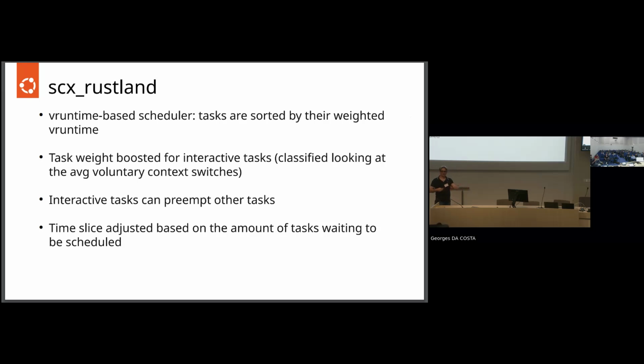The more tasks you have piling in, if you try to overcommit your system, the scheduler will try to shrink the time slice. That makes everything worse in terms of throughput because you have more context switches, but it helps in terms of latency, at least according to the experiment results.